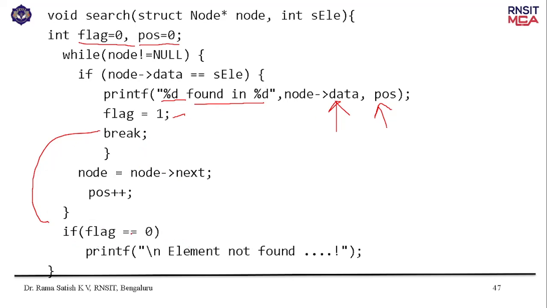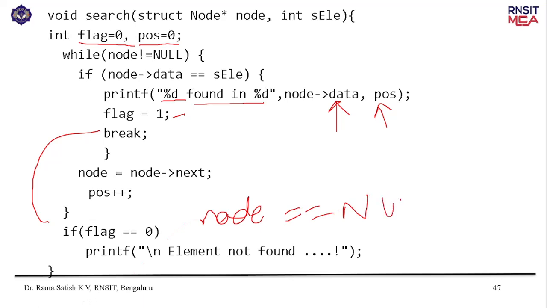And you observe the status of flag. If the flag is equal to 0, then you immediately display a message, printf, the element is not found. Instead of using flag, you can certainly check if the node is equal to null.